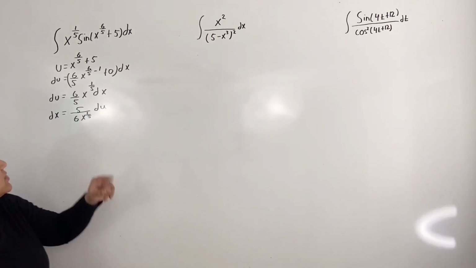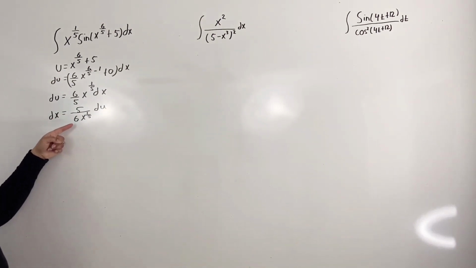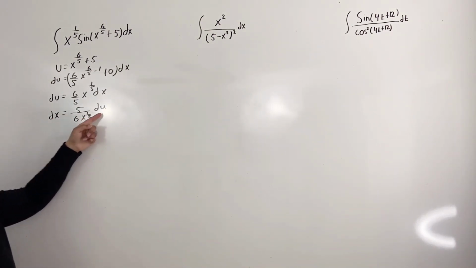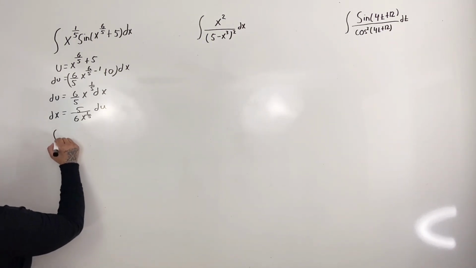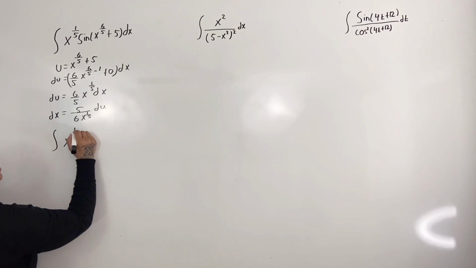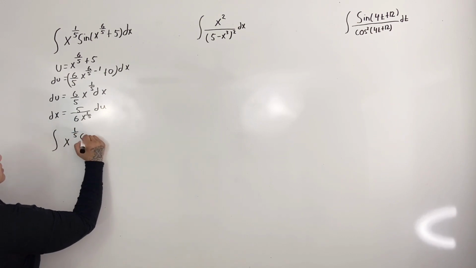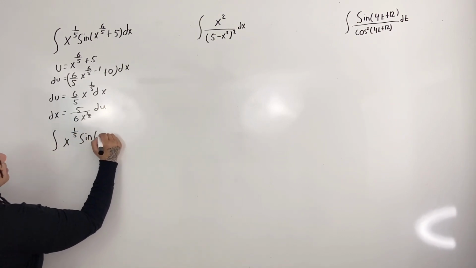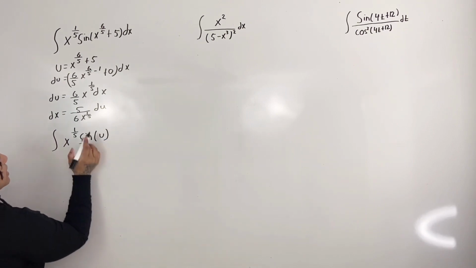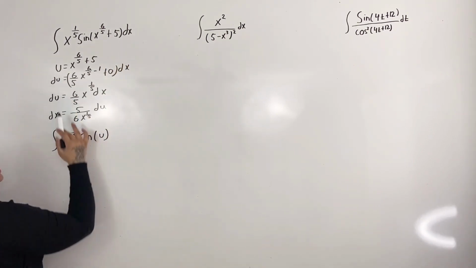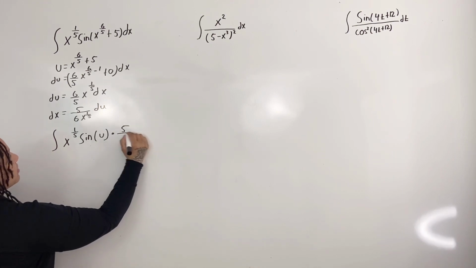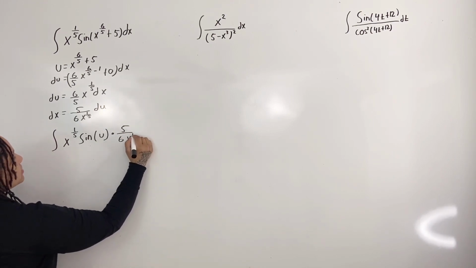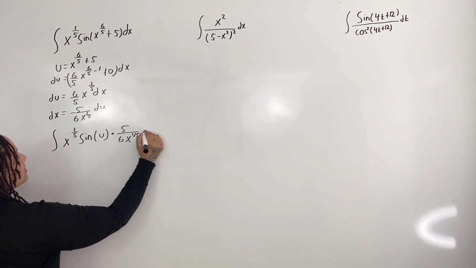And now I'm going to replace x to the 6/5 plus 5 with u, and I will replace dx with 5/6 times x to the 1/5 du. So we have the integral of x to the 1/5 sine of u, and replacing dx with 5/6 x to the 1/5 du.